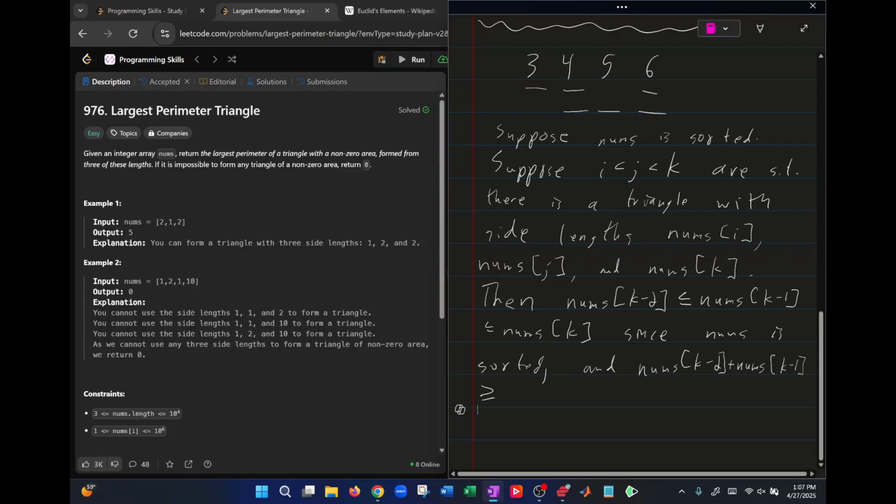Since i is strictly less than j, which is strictly less than k, the largest possible value of j is k minus 1, and the largest possible value of i is k minus 2.